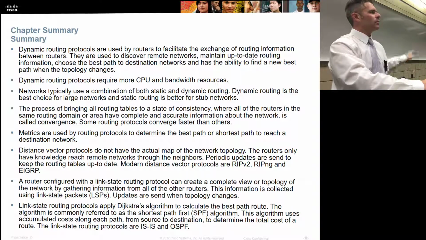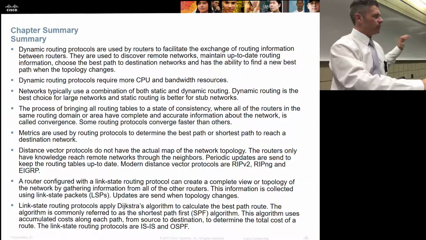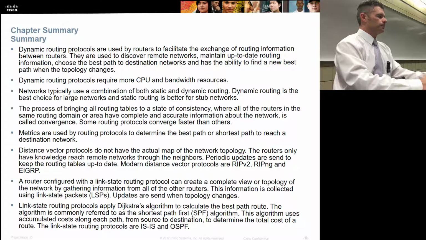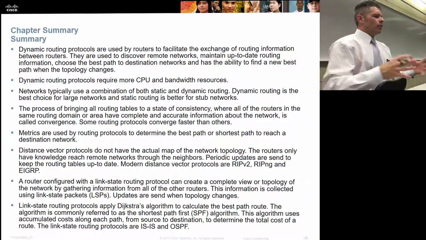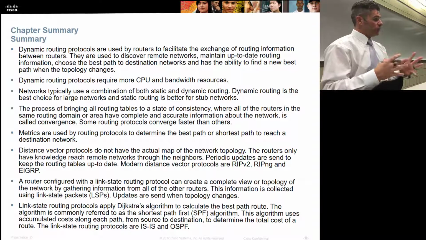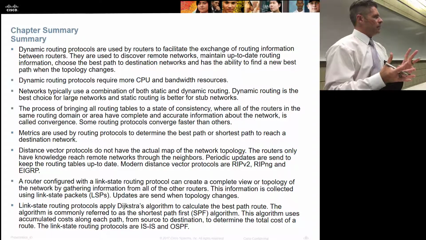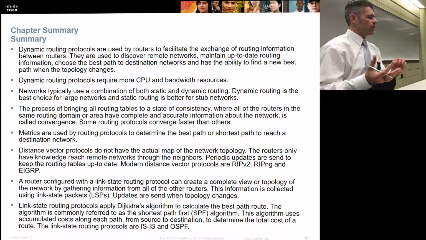Generally on stub networks, networks that don't connect to other networks and are just the end of a network, you'll use a static route so you don't have to play the whole dynamic routing game and you save on network traffic. Once all those things merge, we call that convergence, and we grade routing protocols based on their ability to do that quickly.